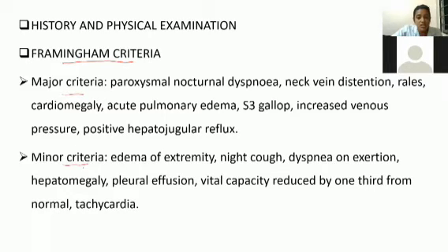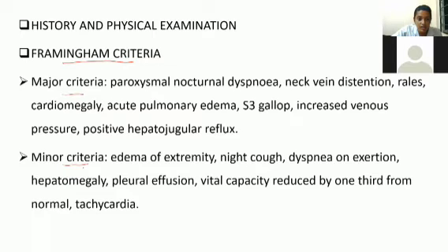In major criteria, the classic symptoms or the major symptoms will be there. This includes PND, we already discussed. Neck vein distension, rales, cardiomegaly, acute pulmonary edema, S3 gallop, we can hear through auscultation. Then increased venous pressure, positive hepatojugular reflex. Okay, so these symptoms, sorry, signs are in major criteria.